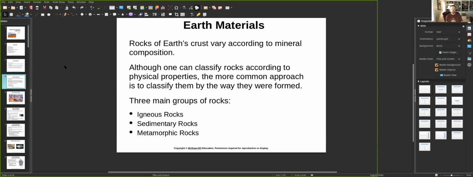We have these rocks that make up the crust of the Earth, and there are three main types: igneous, sedimentary, and metamorphic. If you take geology, you'll get into what all those different types of rocks are. Suffice it to say, the short summary is igneous rocks come up from below the surface of the earth as molten rock.